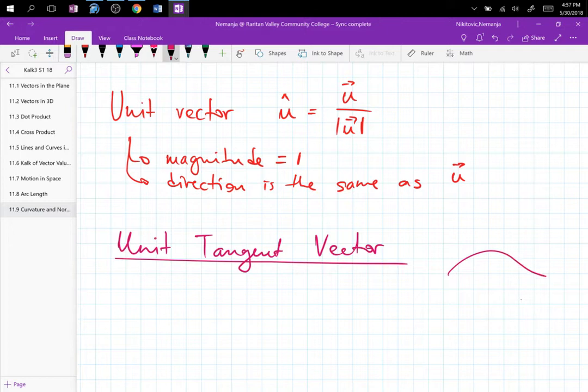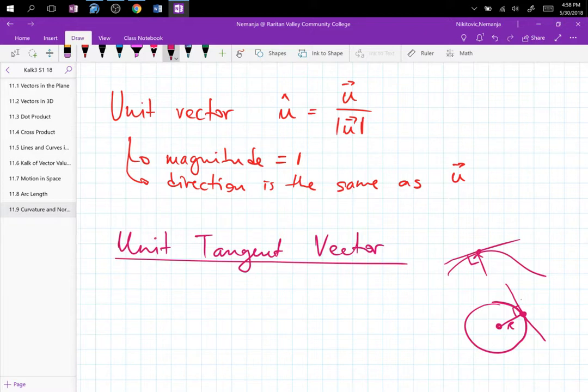The best way to understand this is obviously a circle, where no matter where you draw the radius r, the tangent line would be perpendicular. So that is the meaning when something is perpendicular to the curvature.